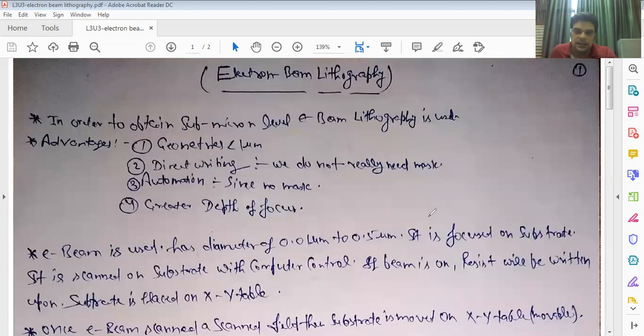There are certain scanned areas on which the electron beam can scan. Once a scanned area has been scanned, the XY table moves and another area is scanned by the electron beam. So this is the simple process by which electron beam lithography works.